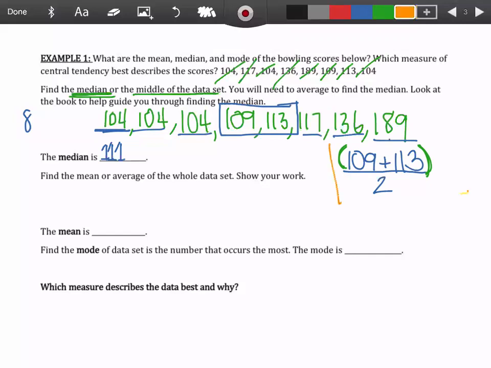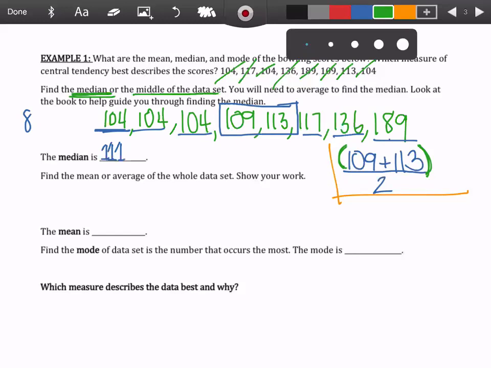So to find the mean, we're going to add up all the numbers together. So we're going to take 104, and whether you leave them in the order or you use the original data points doesn't matter. I'm going to use the list in order.